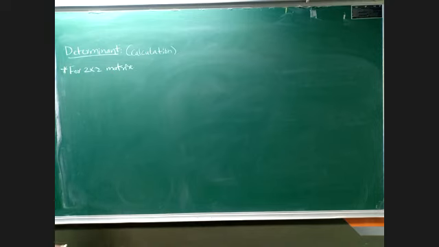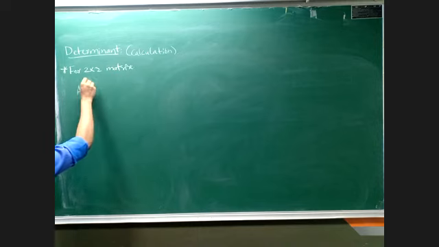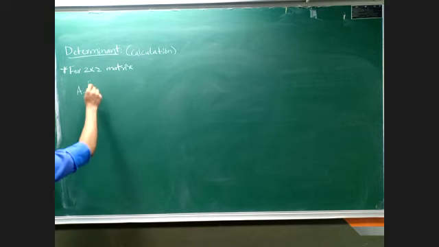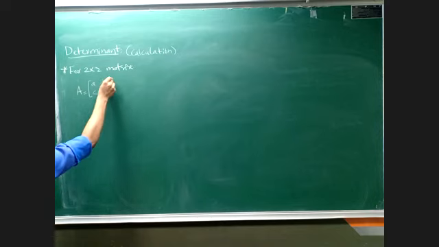Suppose a matrix is given that is 2 by 2. I have a matrix A whose order is 2 by 2. So if I have the elements A, B, C, D.